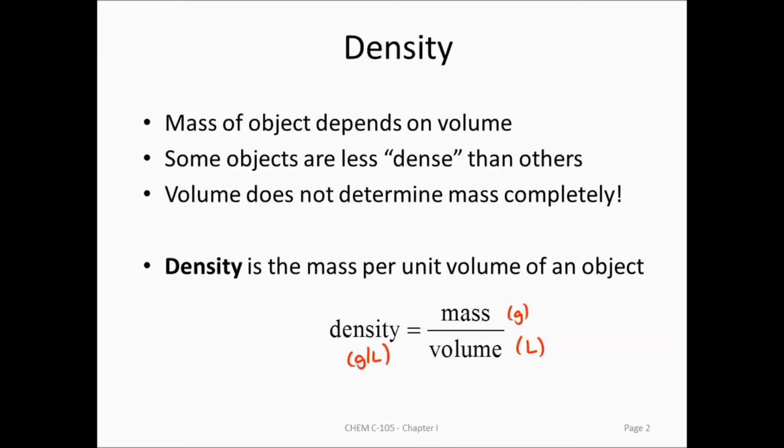You should be aware that for density, if you have a liquid, then things denser than the liquid in question would sink, while if an object is less dense than the liquid, then it will float. For example, oil is less dense than water, so oil floats on water. But a brick would sink in water.